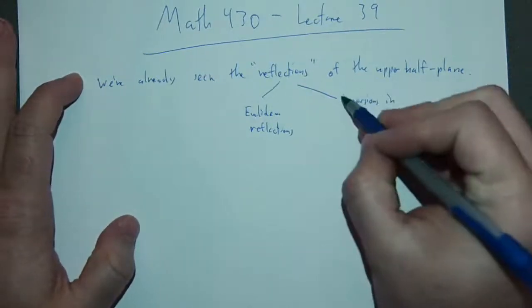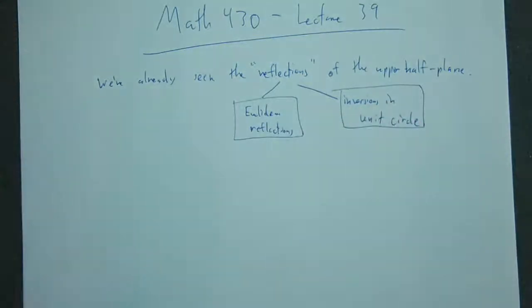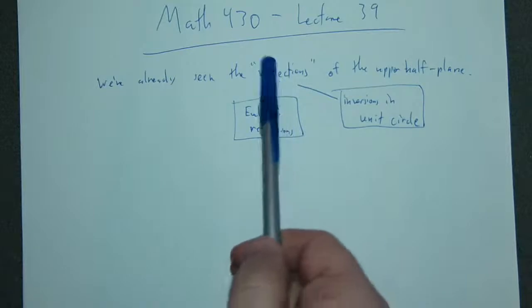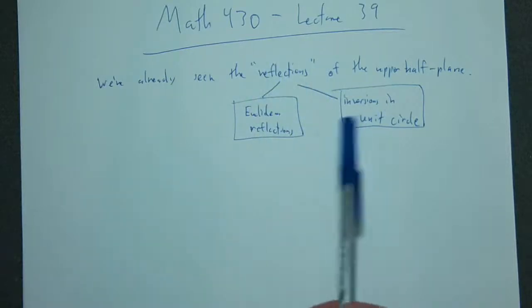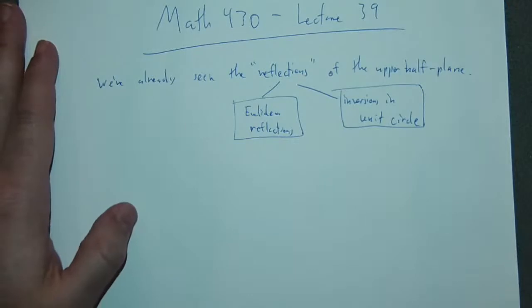And so being able to invert in the unit circle and having Euclidean reflections, of course, across vertical lines, these were the things that we were calling reflections. The only reason we have to put these quotes here is because these inversions are not Euclidean reflections, but it's okay. We call these our reflections of the upper half plane, okay?